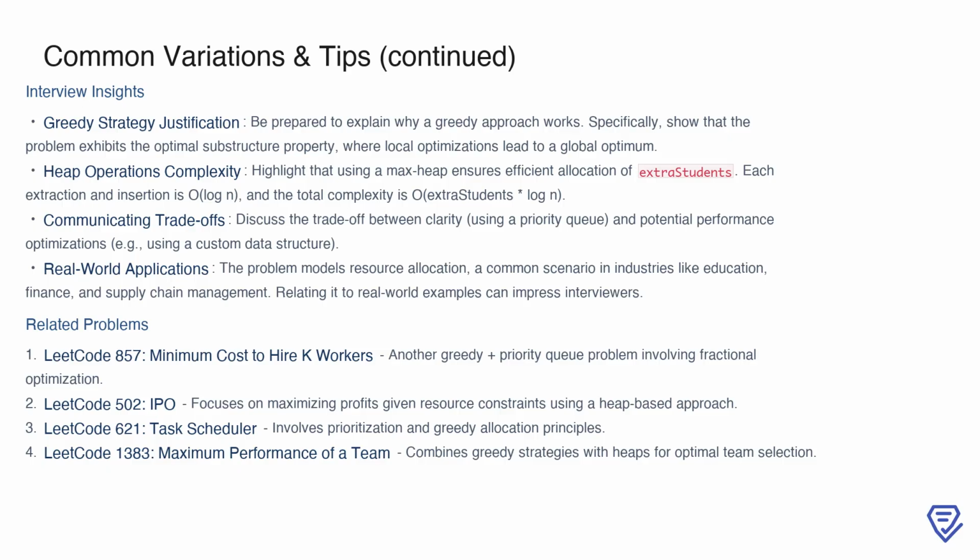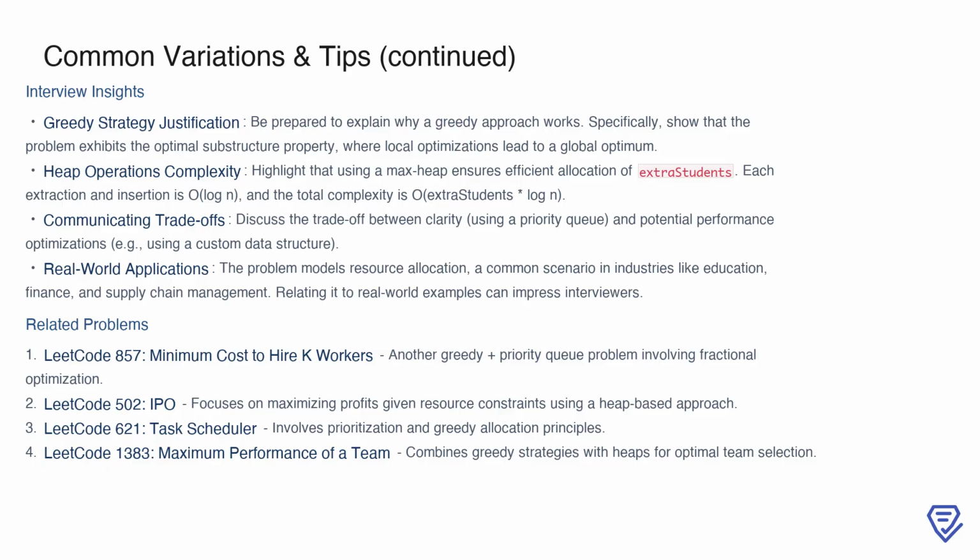It's also beneficial to discuss trade-offs. For example, while a priority queue is clear and straightforward, you could explore custom data structures for specific performance gains, though this might complicate the implementation. Relating this problem to real-world applications, such as resource allocation in education or finance, can also leave a strong impression on interviewers. Lastly, practicing related problems can deepen your understanding.